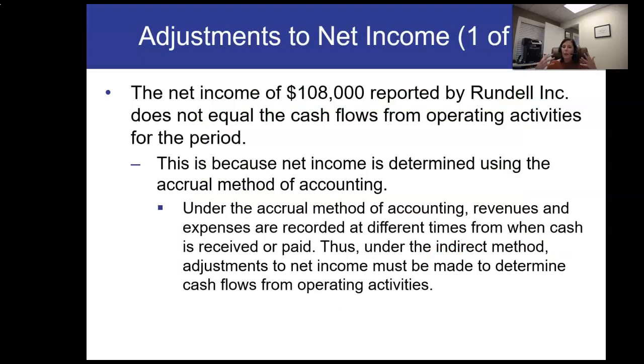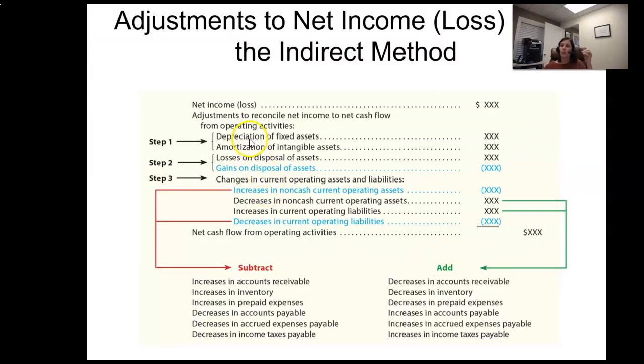So conceptually, what we're doing here is we're taking that 108,000 in net income, and that was earned on an accrual basis, and we're basically going to convert that to the cash basis to figure out what the actual inflows and outflows were. And we're going to do this in a number of steps. The first thing that we want to do is look at the depreciation that we took on our fixed assets.